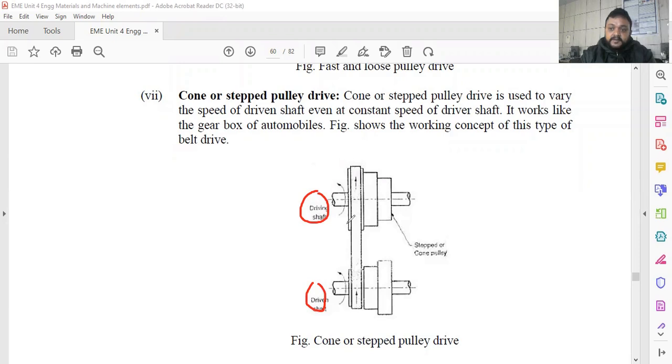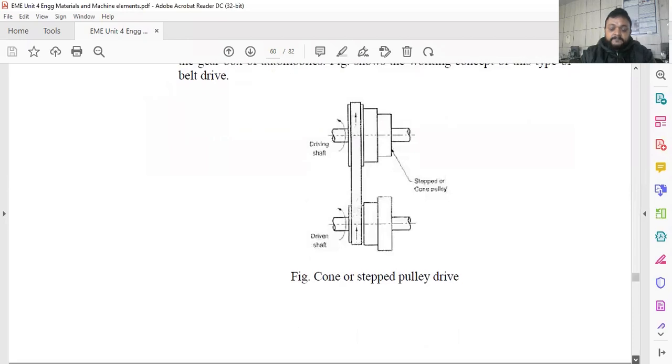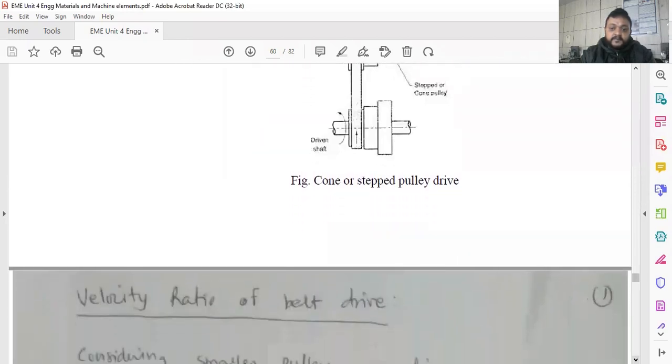We can vary the speed of the driven shaft by changing this belt to a different pulley, so the velocity ratio can be changed. Velocity ratio is equal to the speed of the driver to the speed of the driven. That I will show you in the upcoming section.